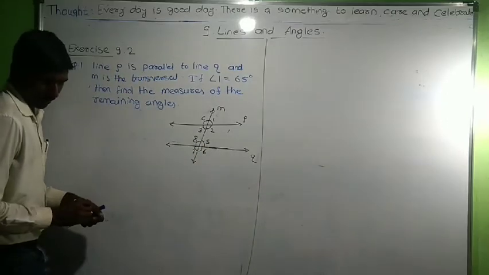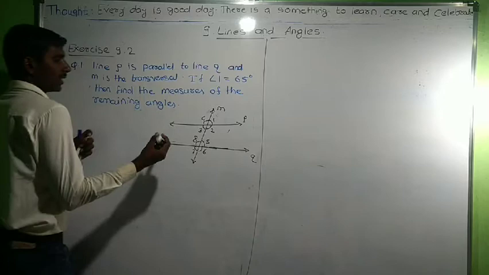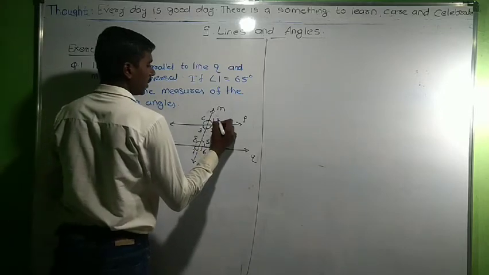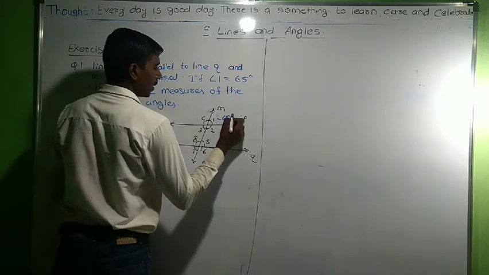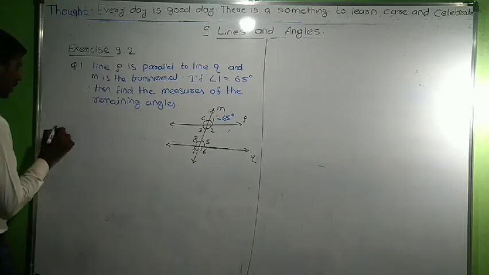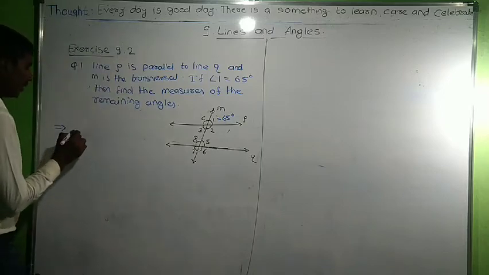These 8 angles are formed, and among them one measure is given, angle 1 is 65 degrees. So let's start the answer.